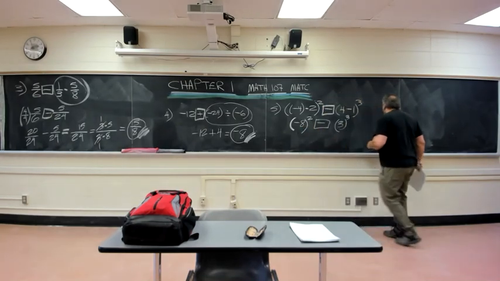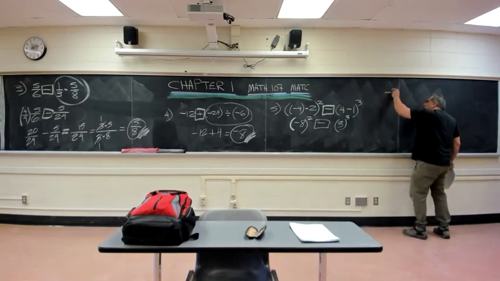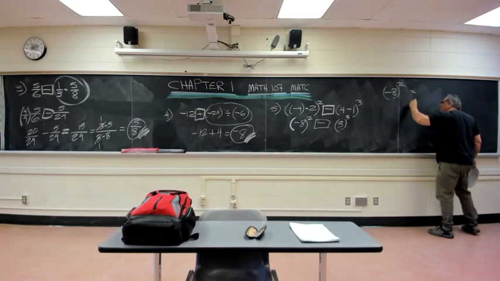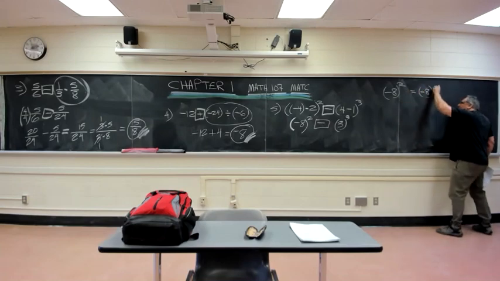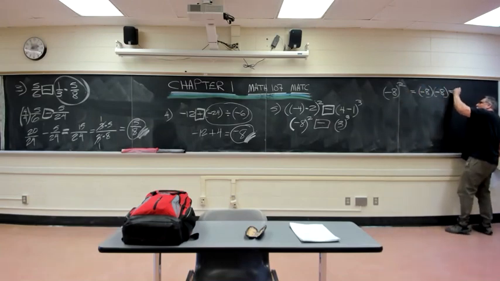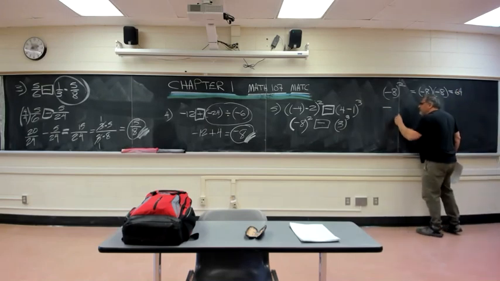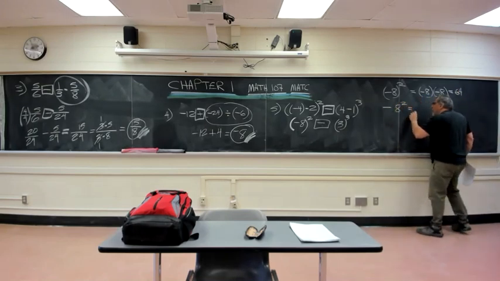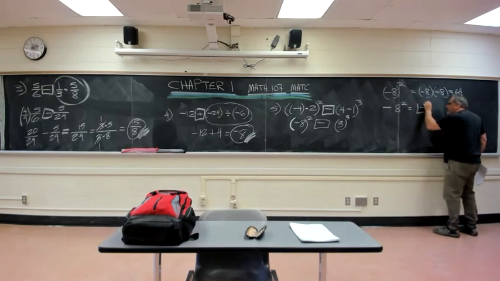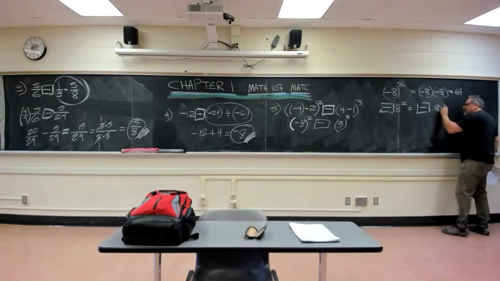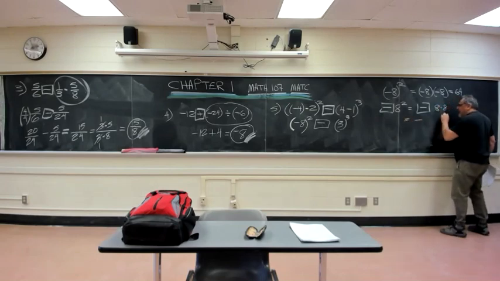This is very important. The quantity negative 8 squared is negative 8 times negative 8, which is positive 64. If you have the negative of 8 squared, the negative stays, and you go 8 times 8, which is 64, so that's negative 64.